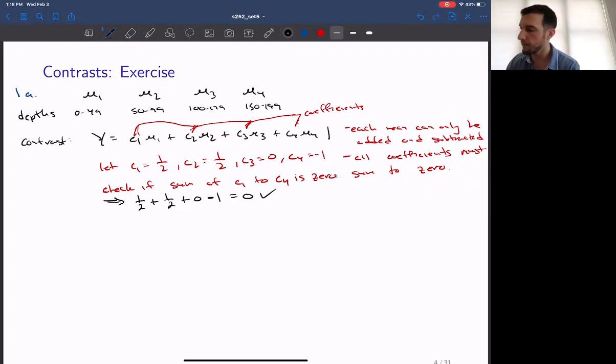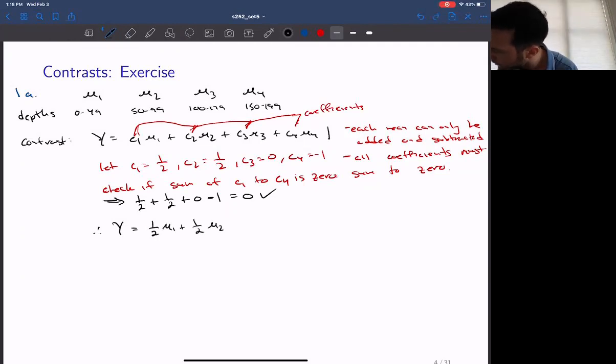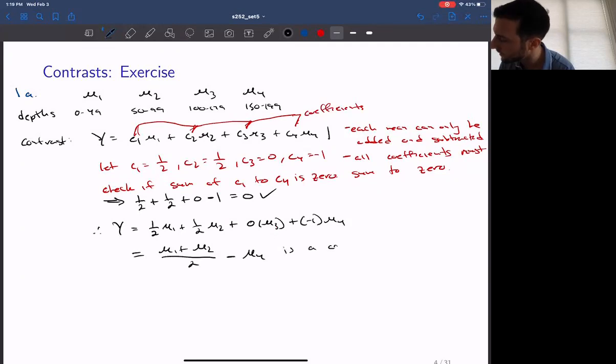Check. Okay. Therefore, gamma equals 1 over 2 mu1 plus 1 over 2 mu2 plus 0 mu3 plus negative 1 mu4 equals (mu1 plus mu2) over 2 minus mu4, which is a contrast of interest.